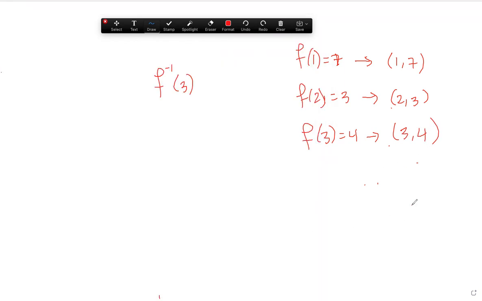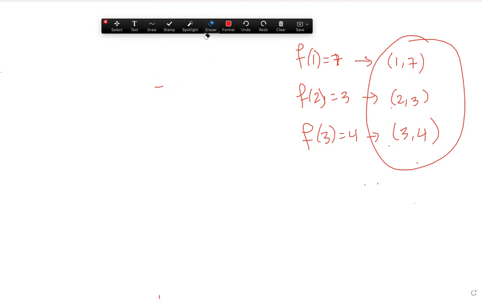All right. So this is good enough. Now, if I gave it to you as coordinates, how would you find the coordinates of the inverse? Swap them. Yeah, exactly. So that means 7, 1 is on the inverse. 3, 2 is on the inverse. And 4, 3 is on the inverse.